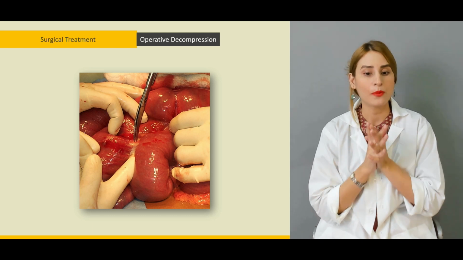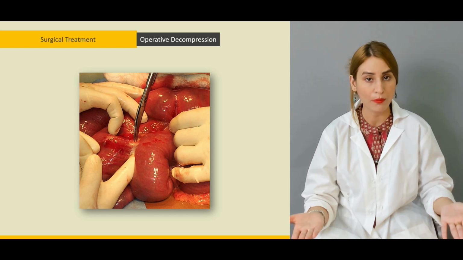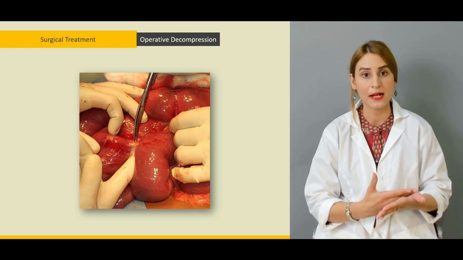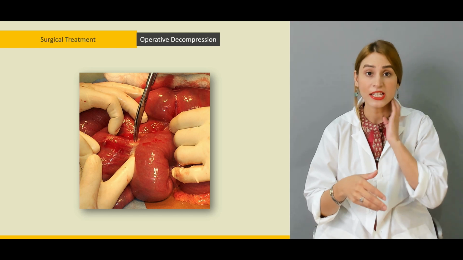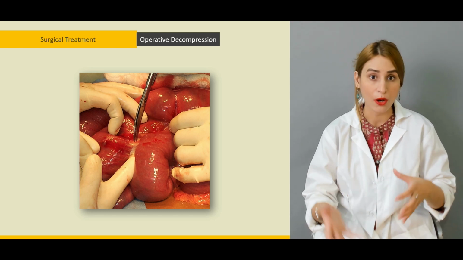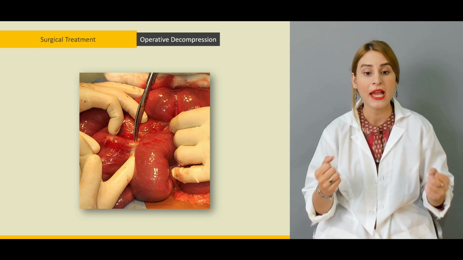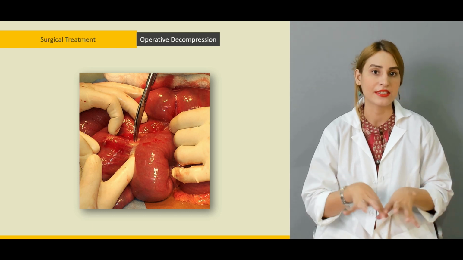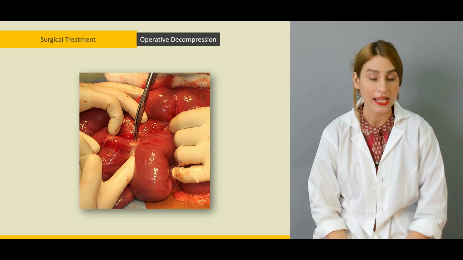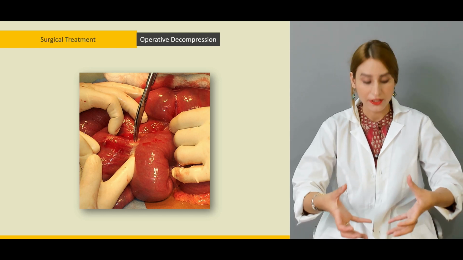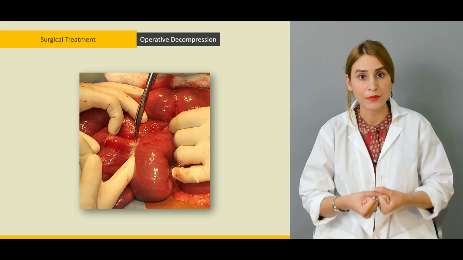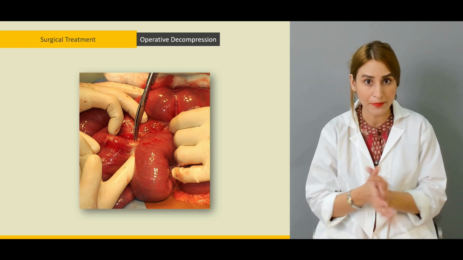How do you do the operative decompression? You open the abdomen through the midline incision. You cut the different layers of the abdomen. You go inside. You open the peritoneum, and then you reach the intestine. And whenever you're reaching the intestine, you have to find the proximal or the dilated portion.